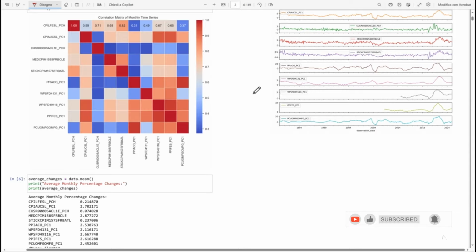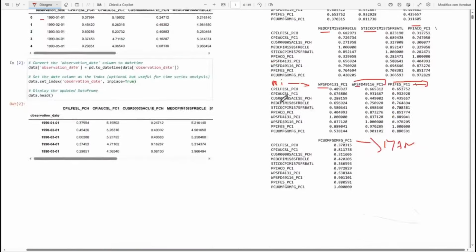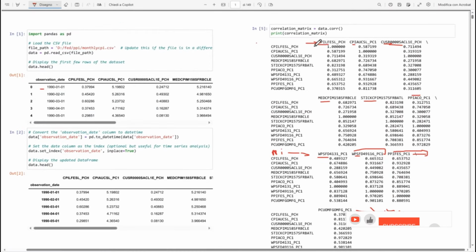for each dependent variable, so each of these variables, like CPI, core CPI, producer price index, core producer price index, the median CPI, the sticky prices, I made a linear regression, let's say.